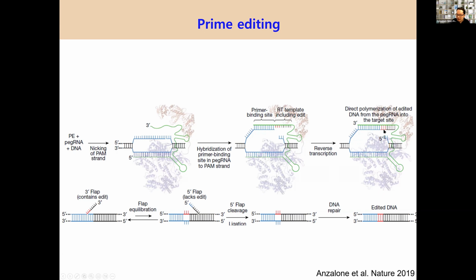And this cDNA sequence, including the red signal which represents the intended editing, can be integrated into the target sequence. Anyway, using this prime editing technology, we can induce any kind of small insertion, deletion, or substitution in a highly targeted manner.